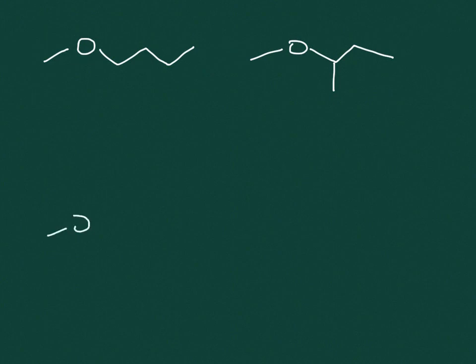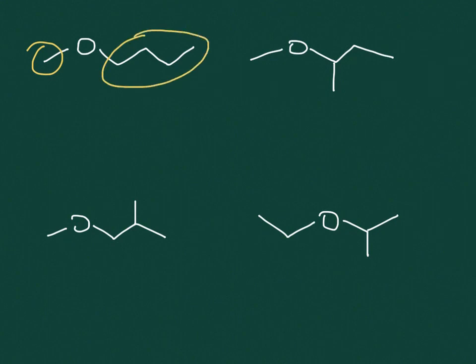So let's look at some examples for nomenclature. Okay, so for the first one, we have a methyl substituent, then we have a butyl substituent.